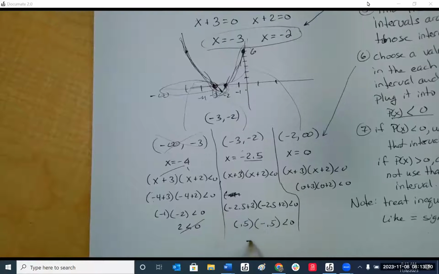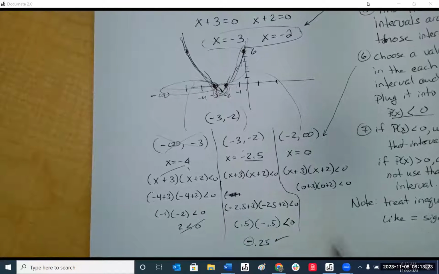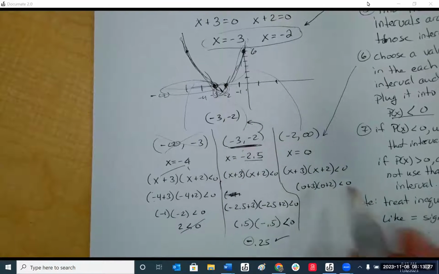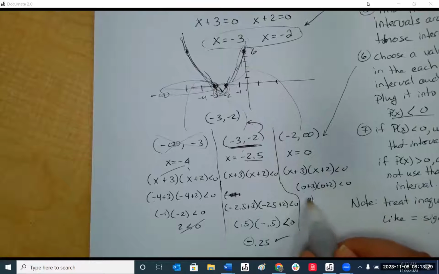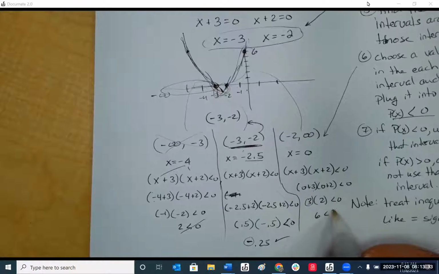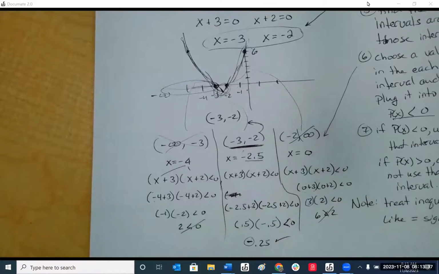Positive times negative is negative. So all we really care about is the sign, and that's why we set it equal to 0. We just want to make sure that the number on this side is less than 0. And that one is, so we can use that. 0 plus 3 is 3, 0 plus 2 is 2. Is 6 less than 0? No. So we can't use that. So our solution is that.